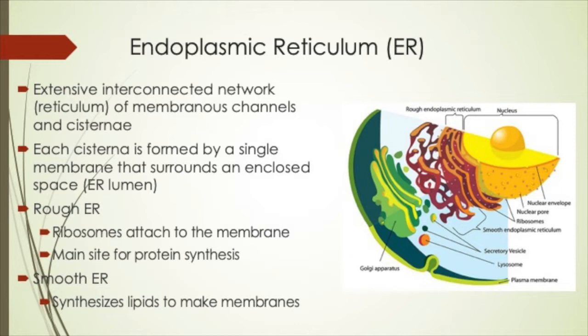So we just talked about the rough ER. Let's just talk about those. So the endoplasmic reticulum is an extensive interconnected network. Endoplasmic reticulum are like factories, right? These are big, extended pathways, right? Let's say that there's a lot of substances just floating around the cell.